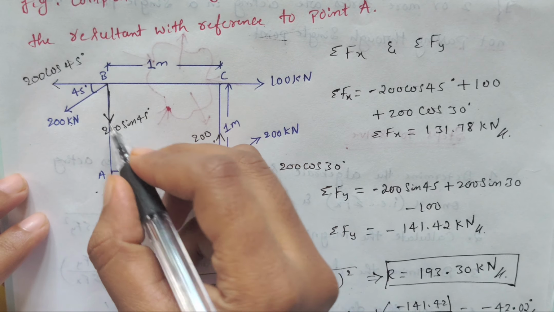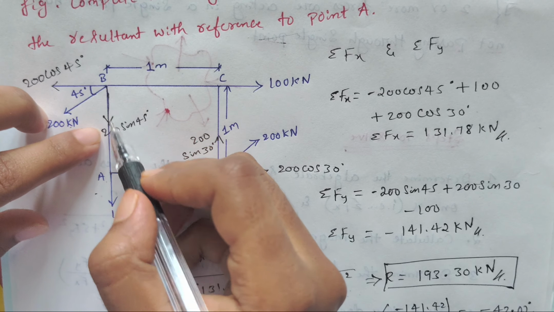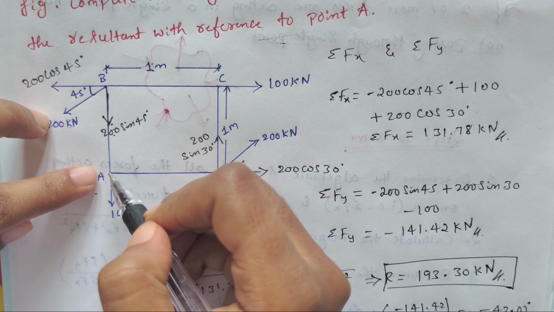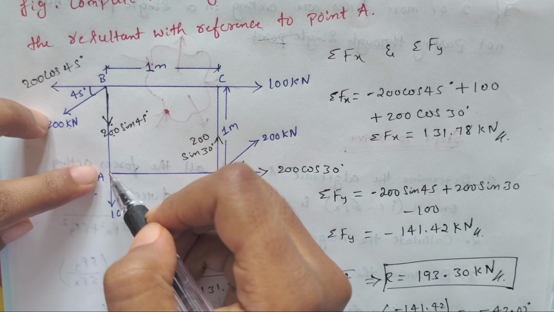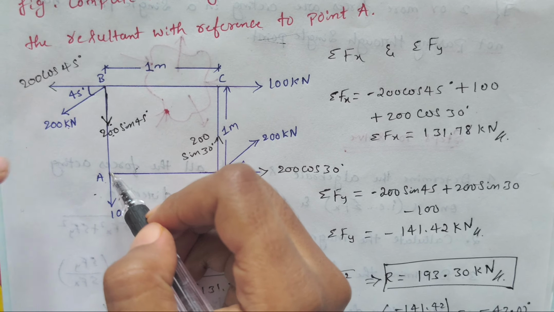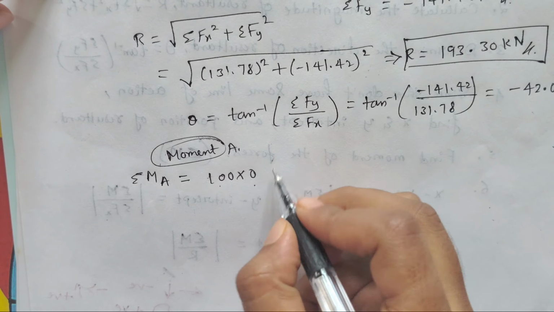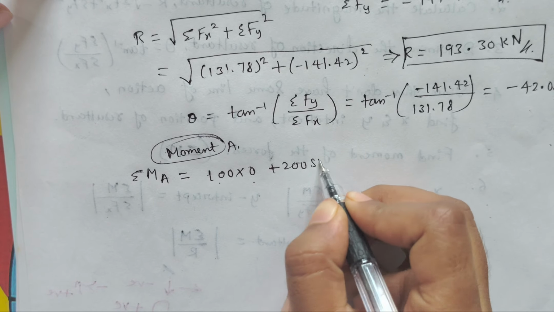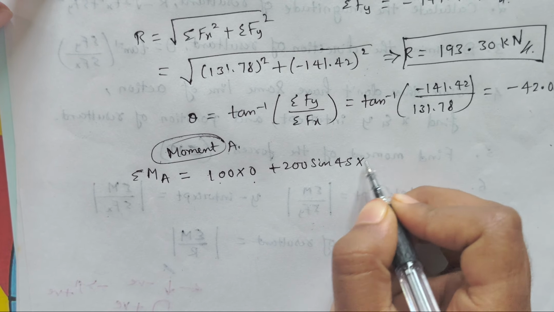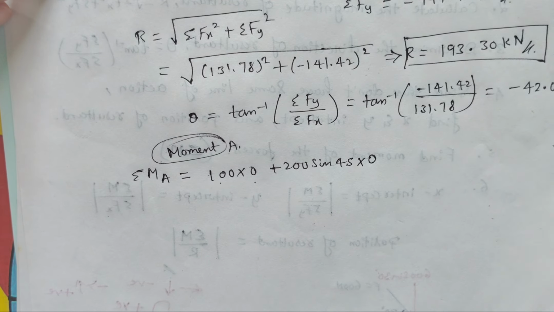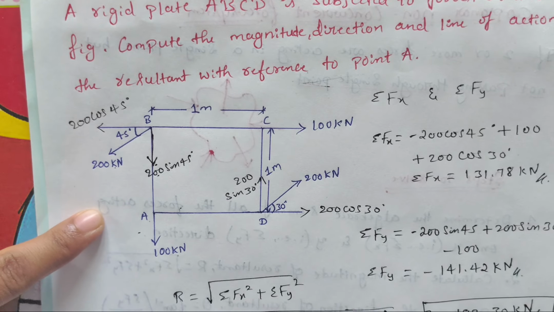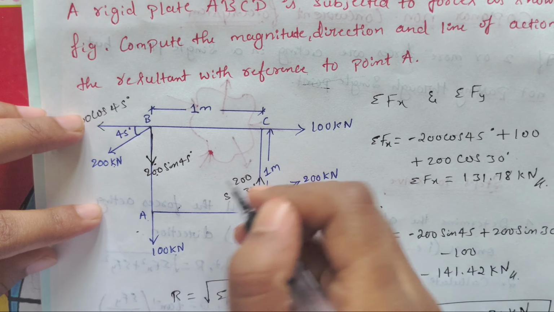Next, we'll move on to this force. This also lies on the same axis itself, so we don't have a perpendicular distance for this force too. So that is 200 sin 45 into 0. There is no perpendicular distance for it.